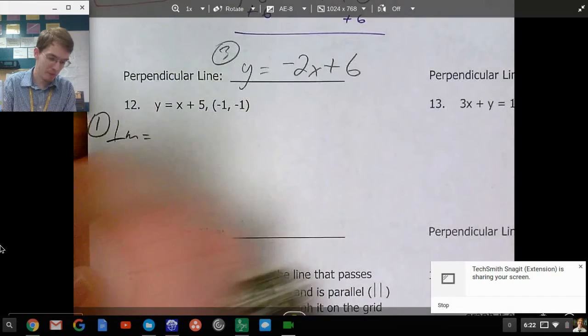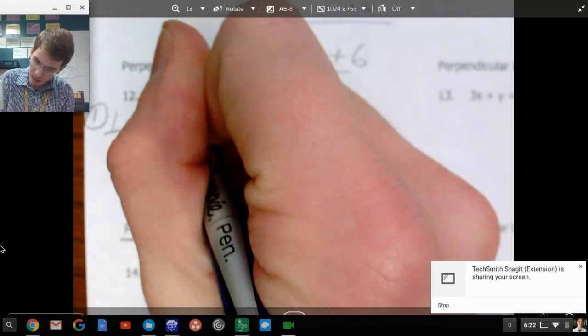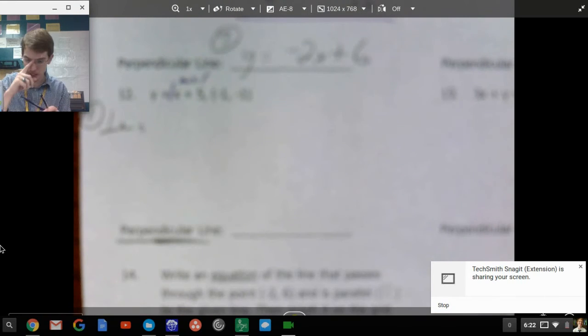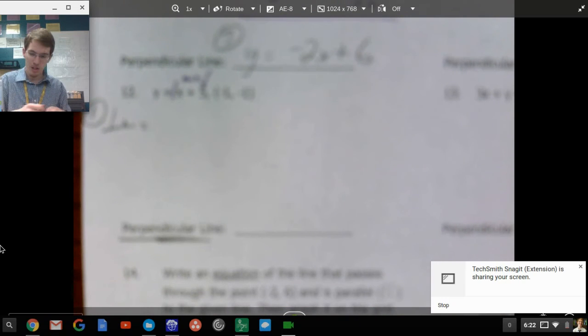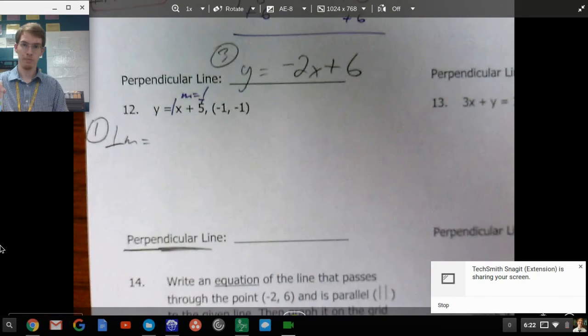So what is the slope of this right here? Let's see. Oh, I need this one right here. The slope of this line is 1. So perpendicular, well, that's just 1 over 1, right? So the opposite reciprocal.